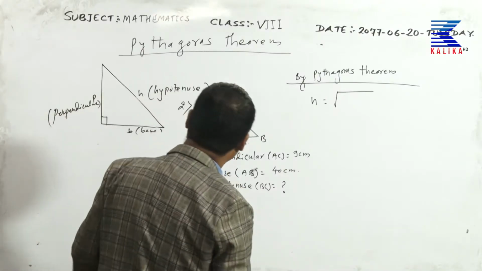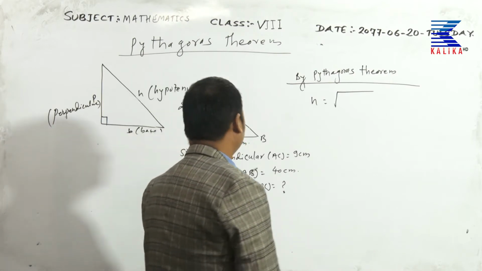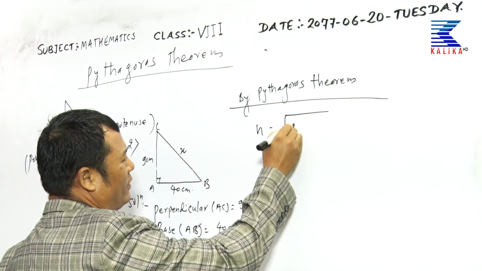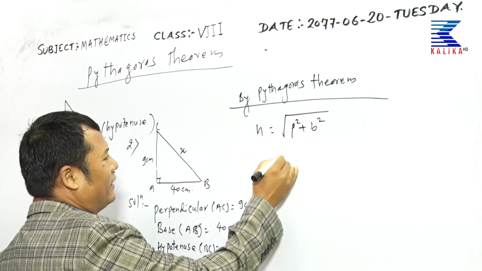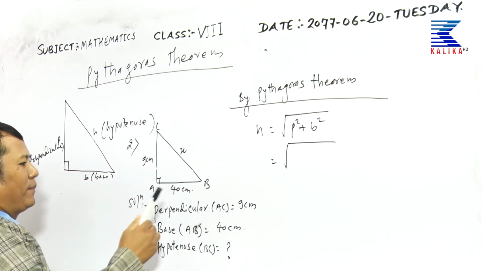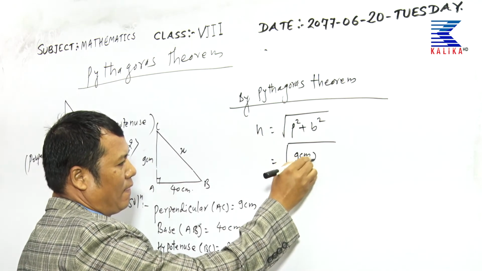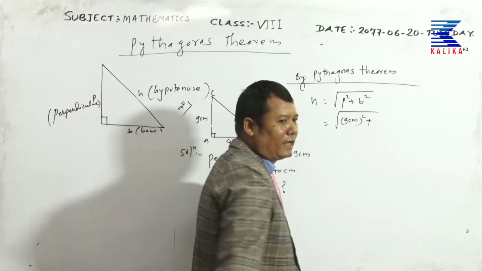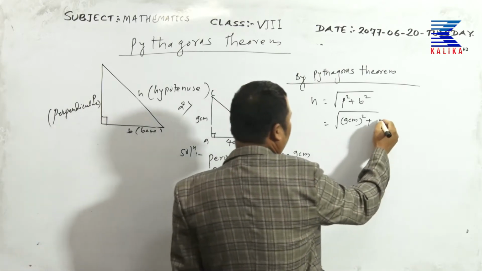Remaining two sides: perpendicular AC, 9 cm square, and base, 40 cm square.